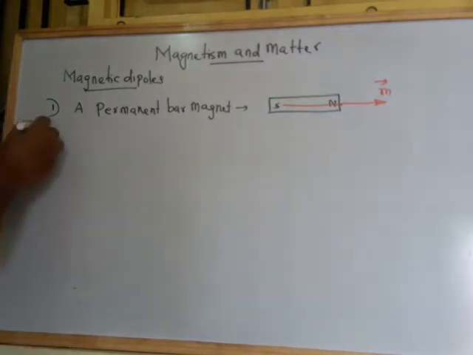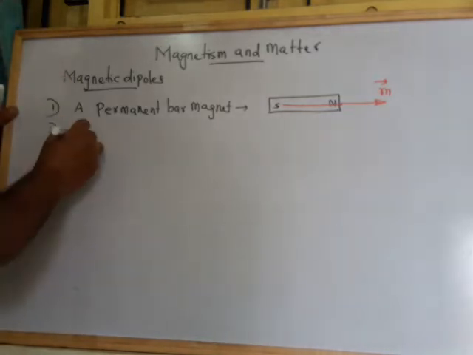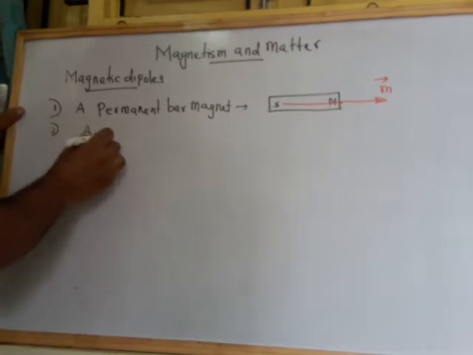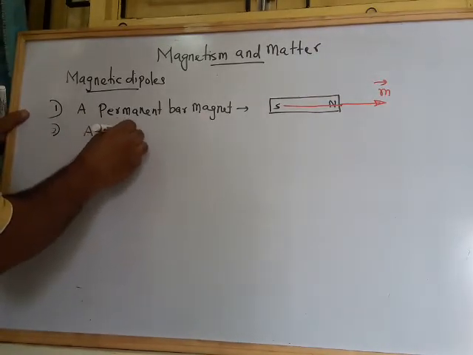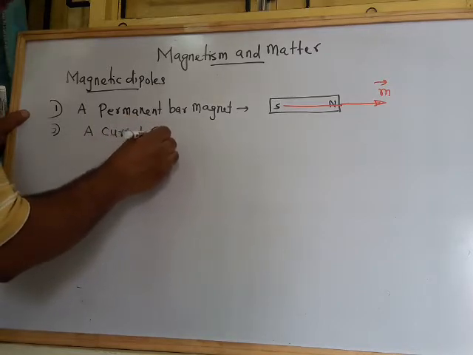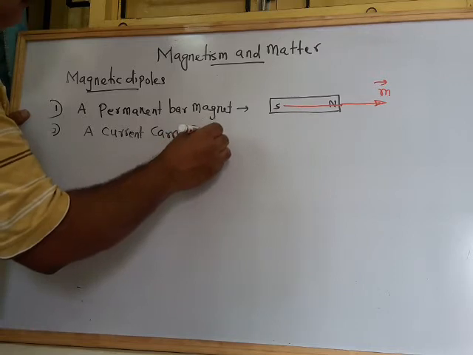The second one, you know very well about the permanent magnet. Then we have a current carrying solenoid.